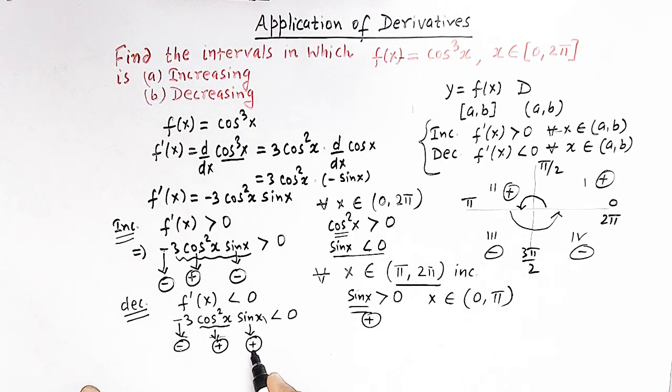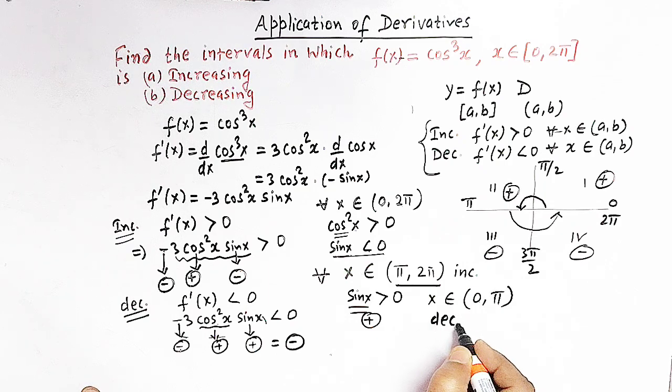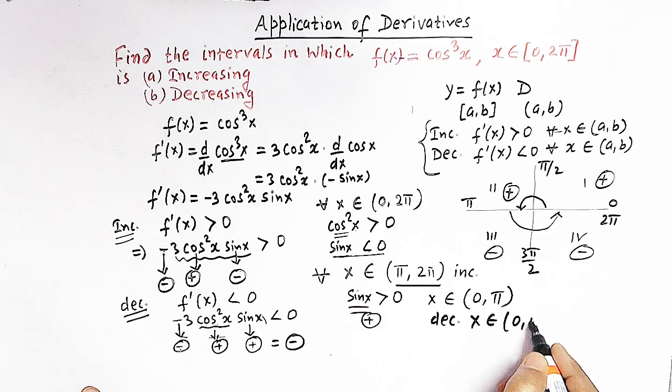So now sin x is positive. So the product of this negative with this positive is equal to negative and f prime of x is less than 0. So the function is said to be a decreasing function when x belongs to this interval, that is 0 to pi, right?